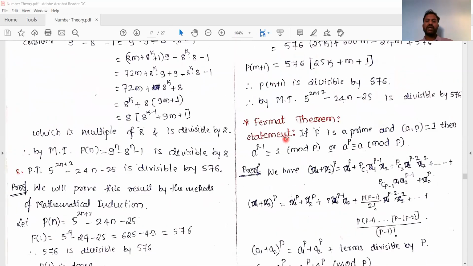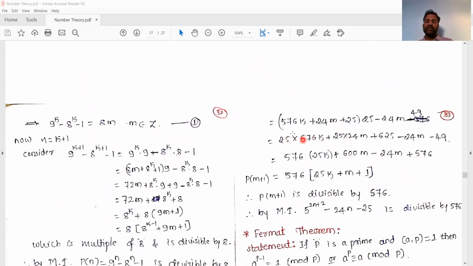By using that equation, here we are getting 576k, plus on the right side you have to take the terms 24m plus 25 into 25, 5 square is 25 as it is, minus 24m minus 49. Now again simplifying these terms, here we are getting P of m plus 1 equal to 576 into 25k plus m plus 1.